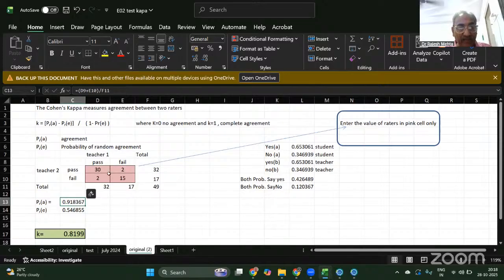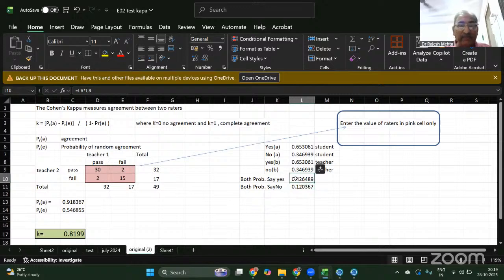Out of that agreement, what is the random agreement, right? That random agreement is L10 plus L11. Here you can see the formula. If you want to learn, this is the formula L10, L11. This is basically, we suggest that if both say yes and both say no, this probability is there.